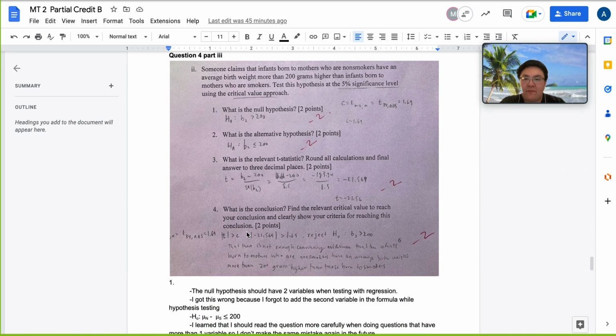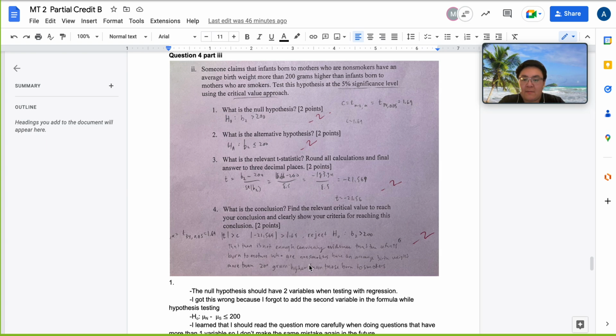For question 4, part 3, it is asking that someone claims that infants born to mothers who are non-smokers have an average birth weight of more than 200 grams higher than infants born to mothers who are smokers, and we test this at the 5% significance level using the critical value approach.